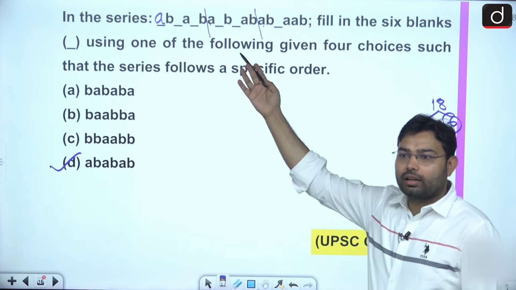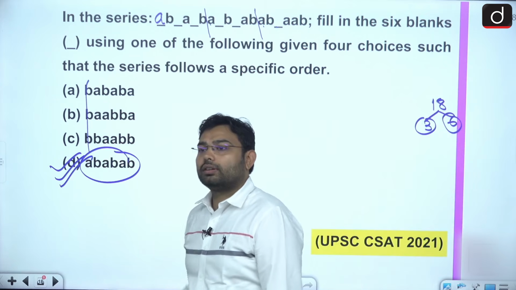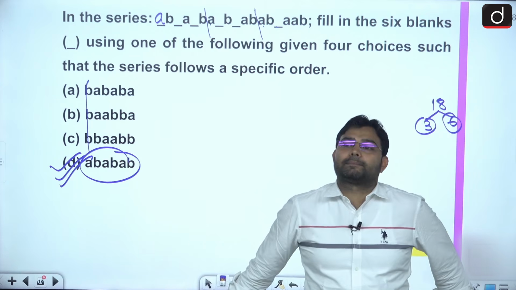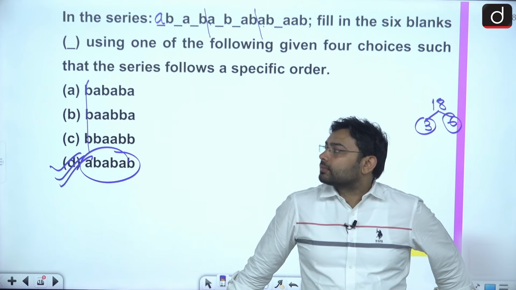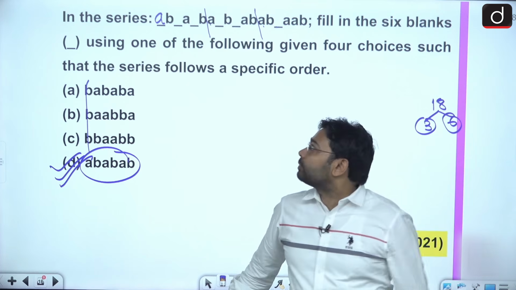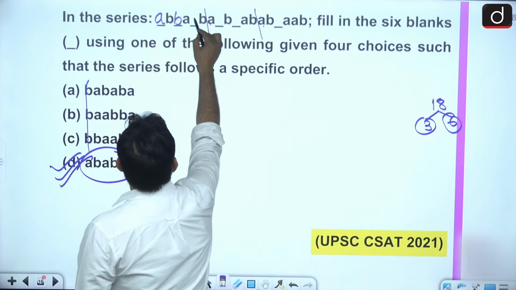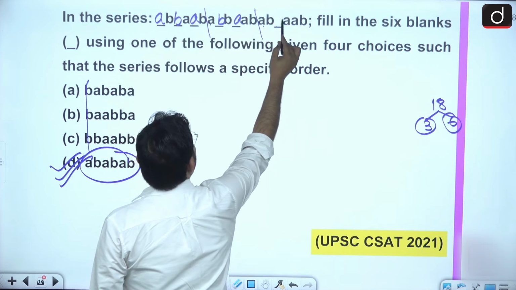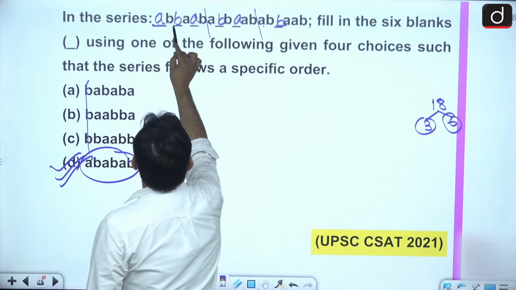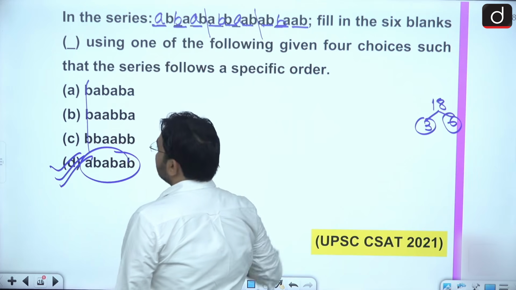First blank is A, and starting with A only the last option. You can put this A, B, then A, B, then A, B. So A, B, B, A, A, B, A, B, B, A, A, B, A, B, B, A, A, B. Done.